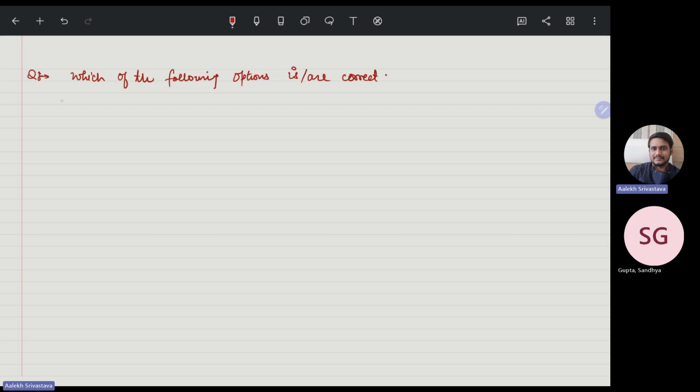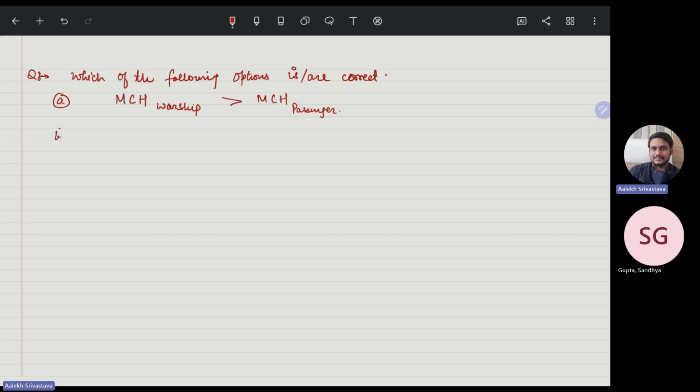So the first option is metacentric height, I am writing it MCH. Metacentric height of a warship is greater than metacentric height of a passenger ship.